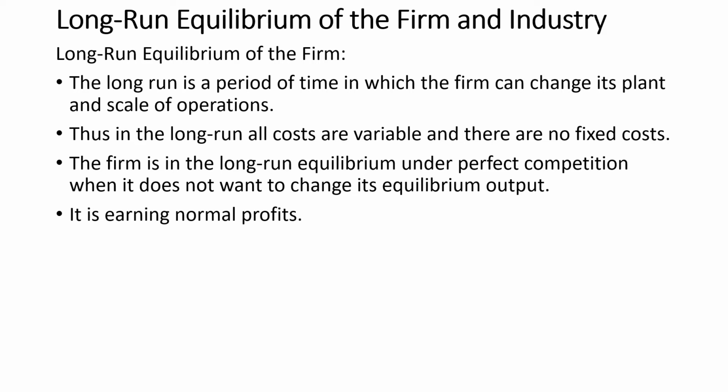In the long run, all costs are variable. There is no element of fixed cost here. If the firm under perfect competition is in equilibrium in the long run, that means it doesn't want to change its output because it's earning normal profit.